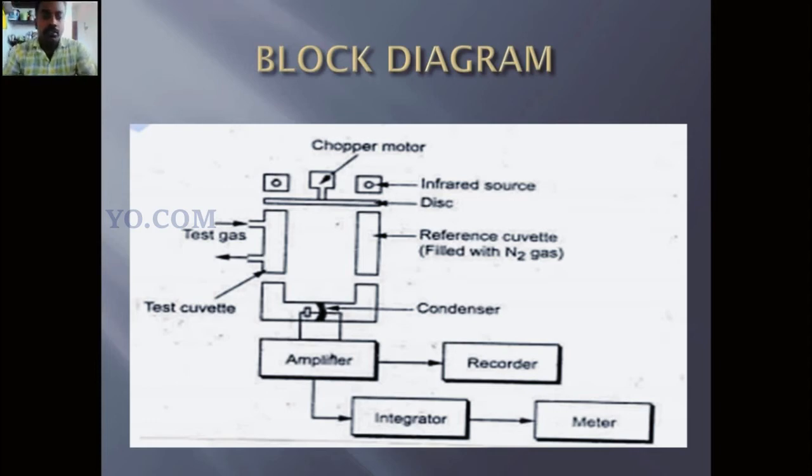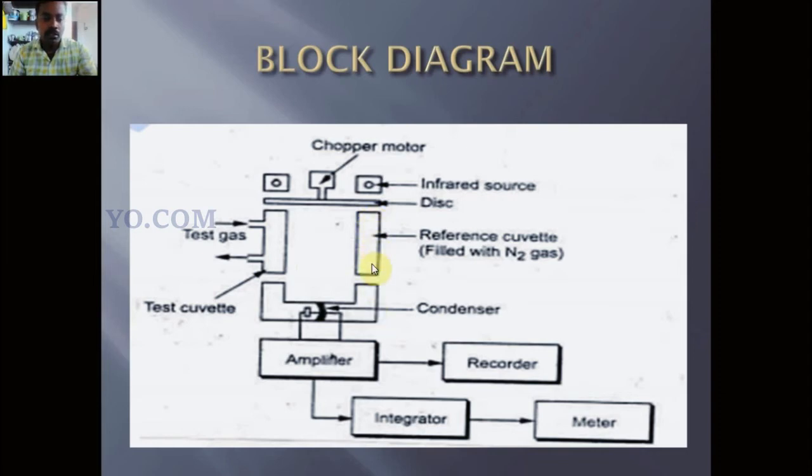The infrared is passed through this cuvette. Cuvette means the container. These two are the cuvettes. This container has the expired CO2. Here we have the reference gas, nitrogen gas, filled here.